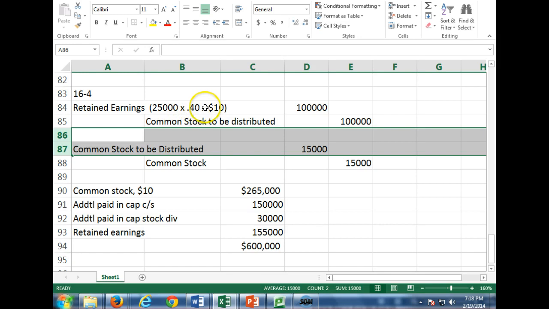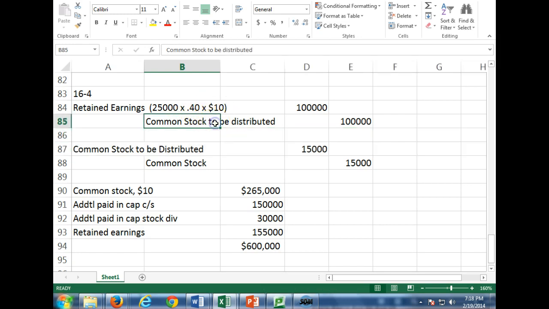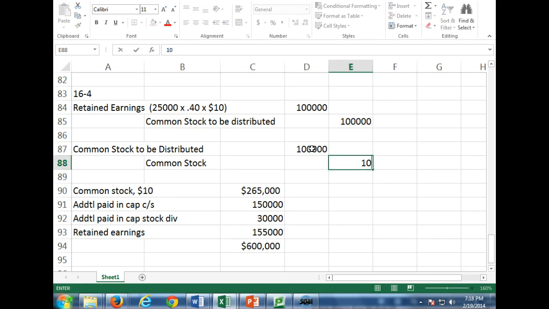25,000 times 40% times $10 is all going to go in at par value. And once it is distributed, we're going to debit it and credit it all for common stock. Okay?